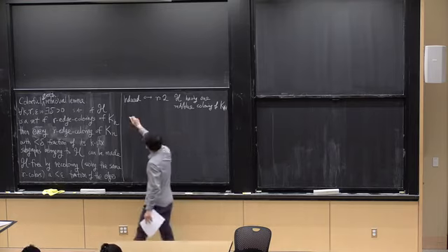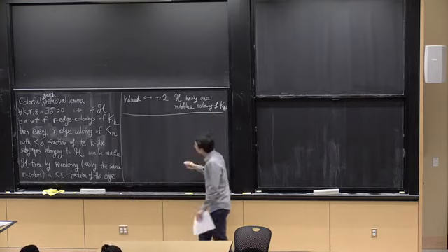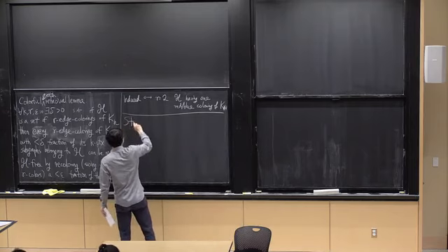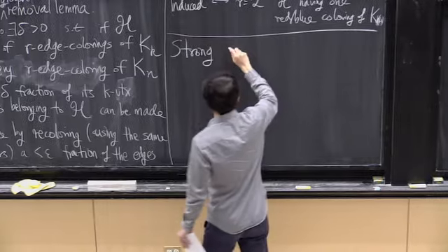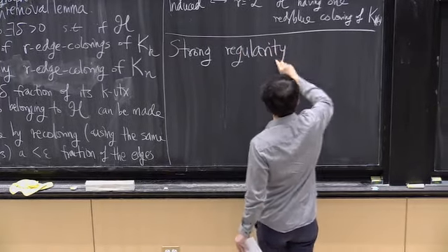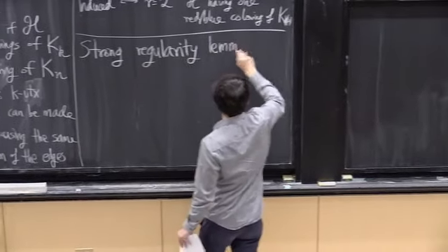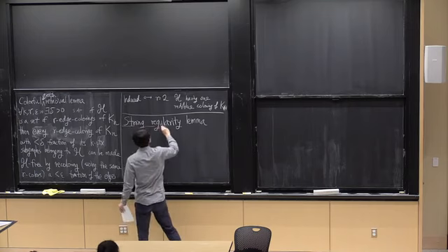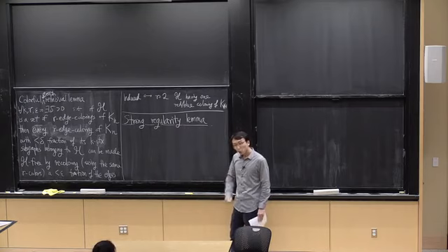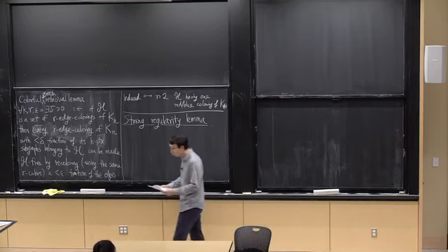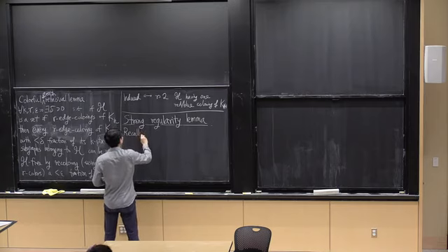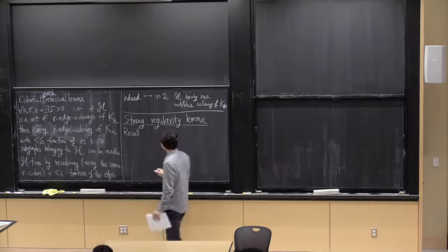Okay, so the variant of the regularity lemma that we'll need is known as a strong regularity lemma. To state the strong regularity lemma, let me recall a notion that came up in the proof of Szemerédi's regularity lemma. And this was the notion of an energy.